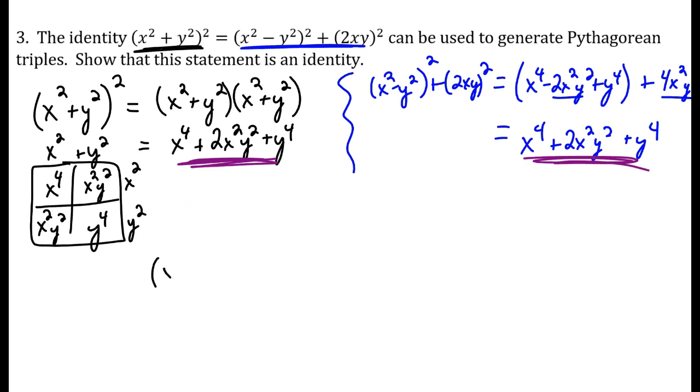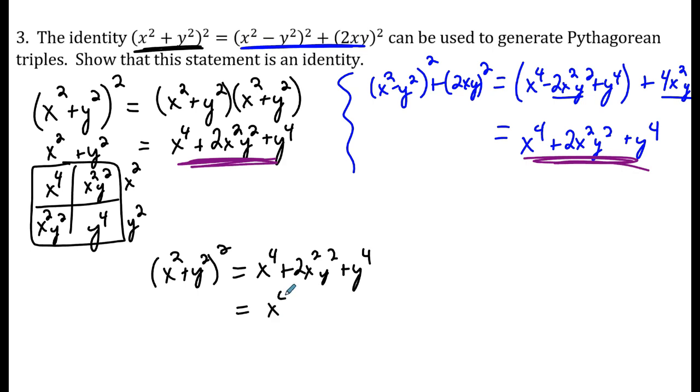We've shown that x squared plus y squared, squared, equals x to the fourth plus 2x squared y squared plus y to the fourth, which equals x squared minus y squared, squared, plus 2xy squared.